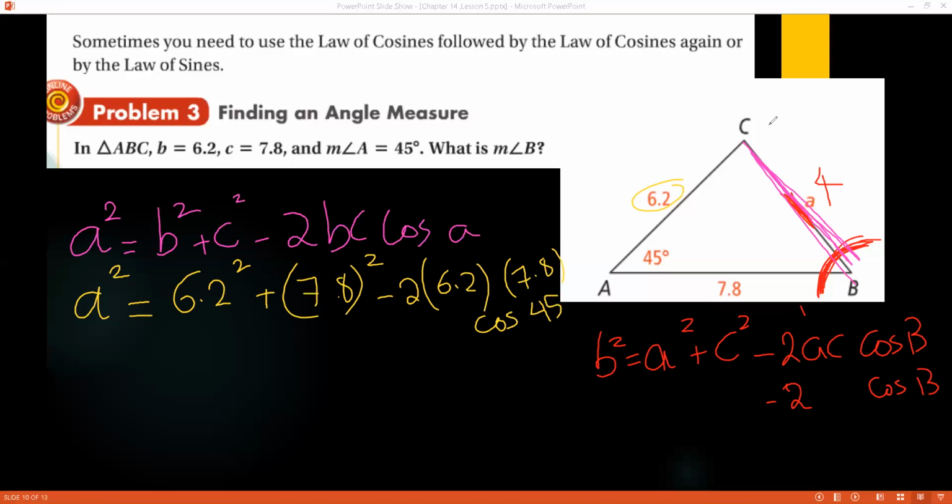Then here, let's find the answer. 6.2 squared plus 7.8 squared minus 2 times 6.2 times 7.8 times cosine 45. I will find that A squared is 30.9. So A will be 5.5 or 5.6 units.